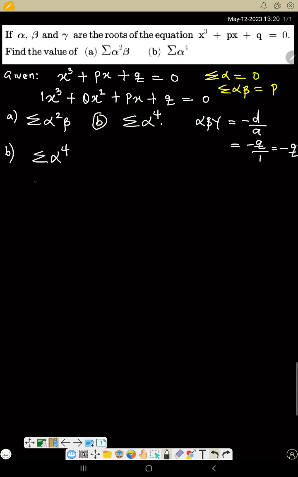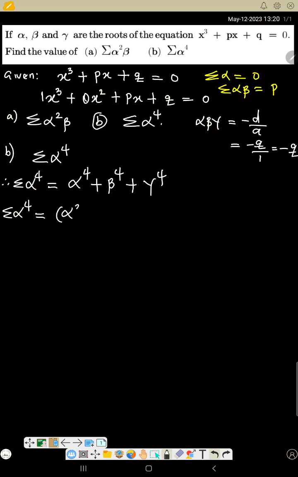It will be equivalent to, let me show you this way, alpha raised to power 4 plus beta raised to power 4 plus gamma raised to power 4. So that is the meaning. So summation alpha raised to power 4.